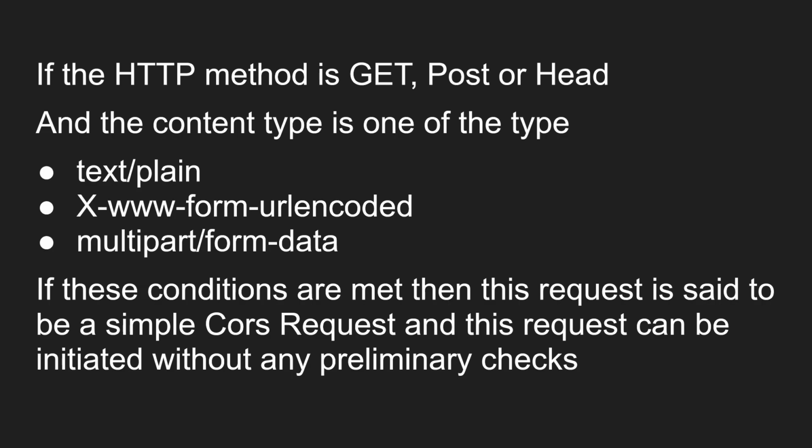If these conditions are met, then this request is said to be a simple CORS request, and it can be initiated without any preliminary checks. So if the HTTP method is GET, POST or HEAD, and the content type matches text/plain, URL form encoded or multipart form data, then it is called a simple CORS request.